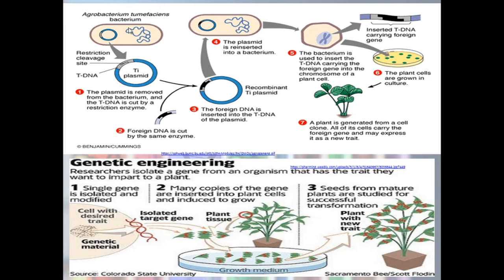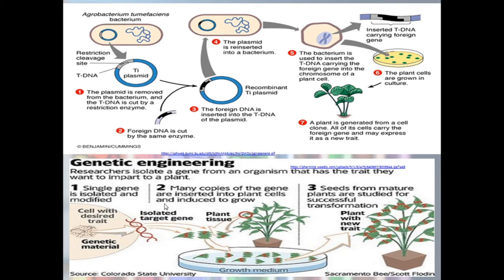So here, this Agrobacterium acts as a vector, and we obtain the desired gene from some source, or we artificially synthesize it. Then we combine this plasmid DNA with the foreign gene and allow it to grow inside the Agrobacterium. And this Agrobacterium infects the particular plant and adds its genome into the plant cell, and the plant is converted into a genetically modified plant.